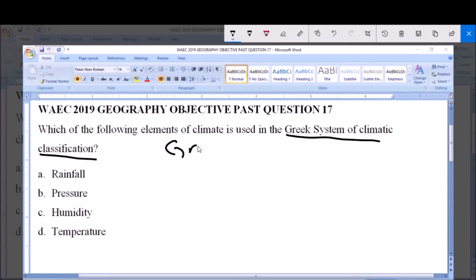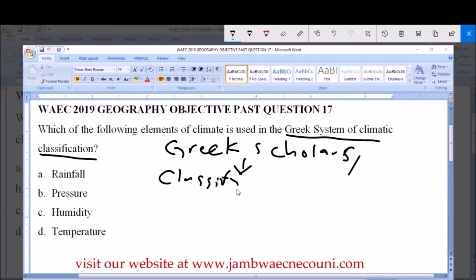Now the Greek system of climatic classification was developed by Greek scholars, and it was developed and adopted by these Greek scholars to classify climatic conditions.